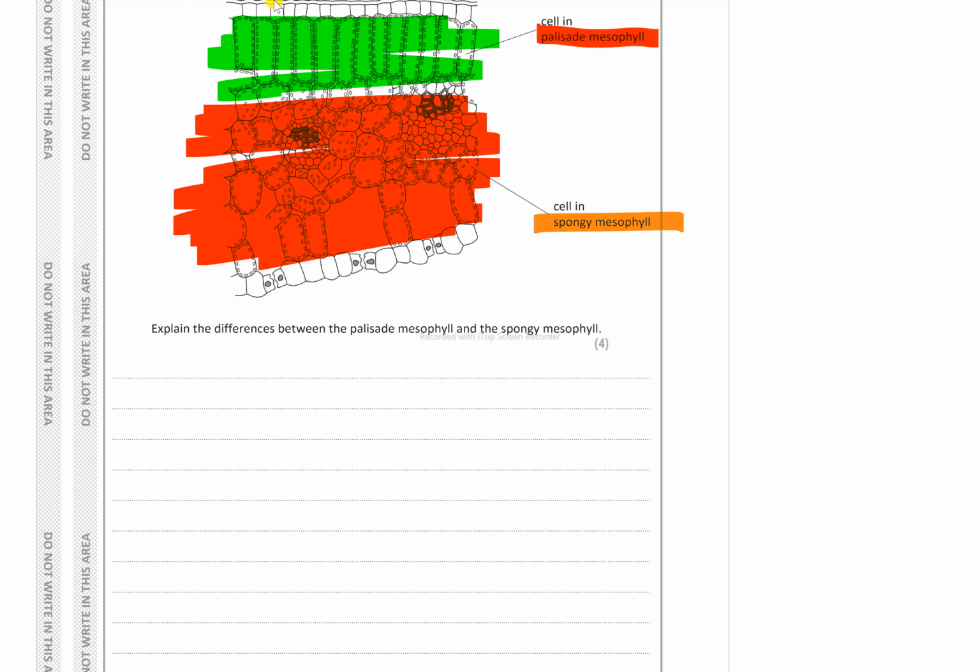Let's do that. The palisade has lots of chloroplasts. For what? For photosynthesis.